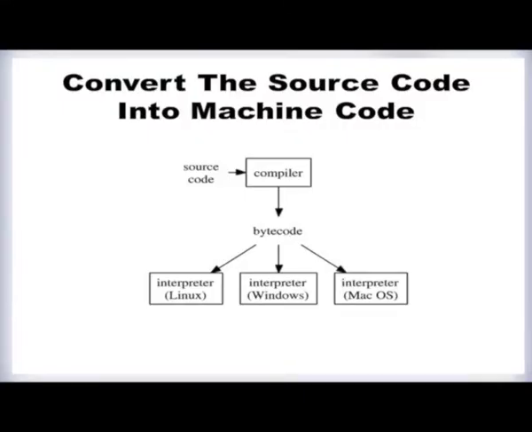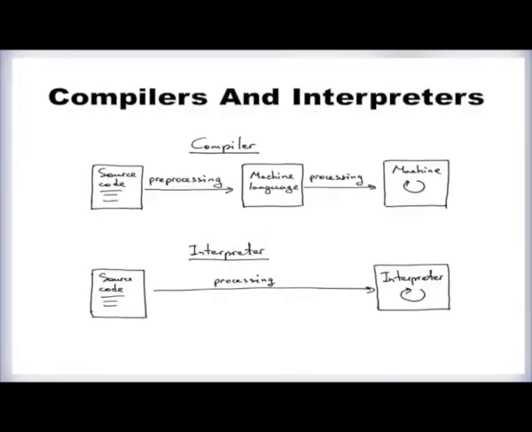We have many high-level languages. A program written in a high-level language is called a source code. We need to convert the source code into machine code, and this is accomplished by compilers and interpreters.